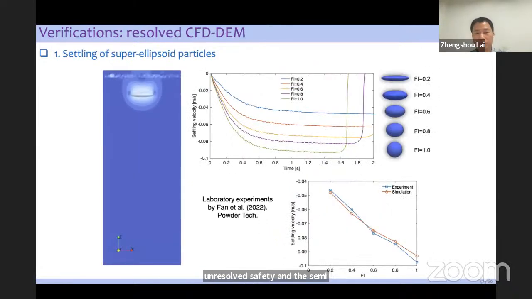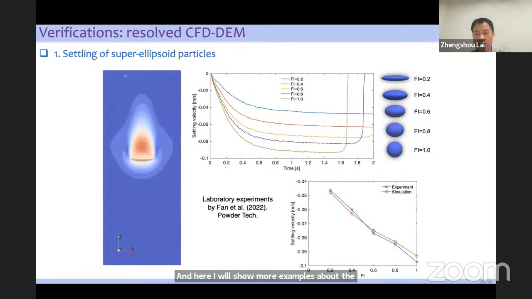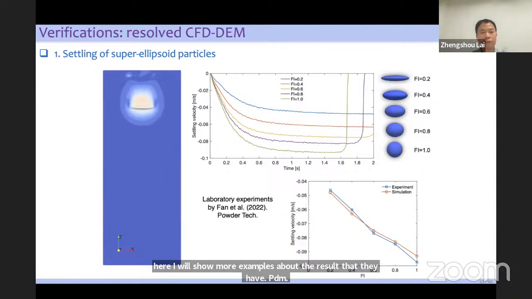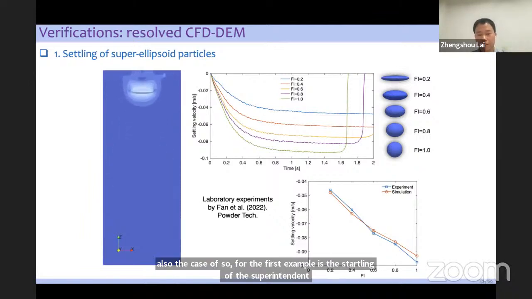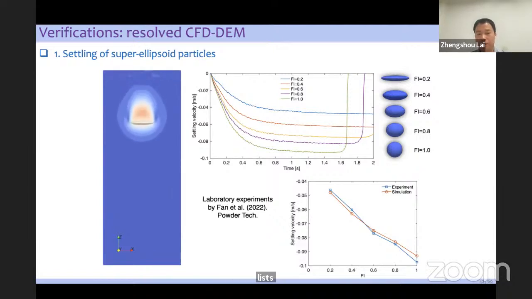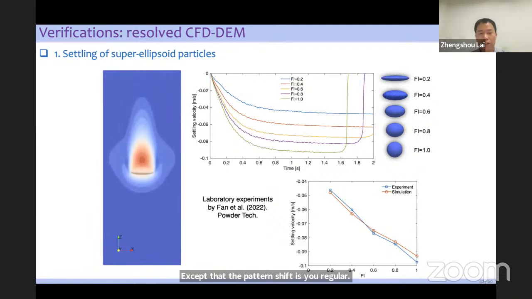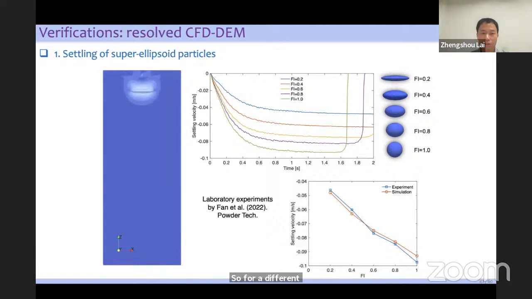And here I will show more examples about the resolved CFD-DEM and also the case of irregular-shape particles. The first example is the settling of superellipsoid particles. The setup of this example is very similar to the conventional particle settling test, except that the particle shape is irregular. So here we use the superellipsoid particle.